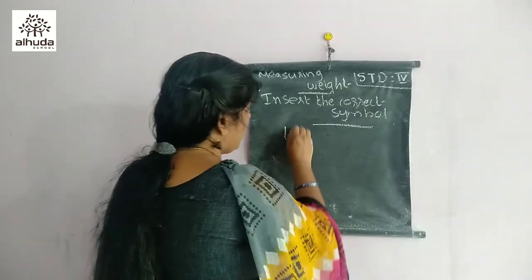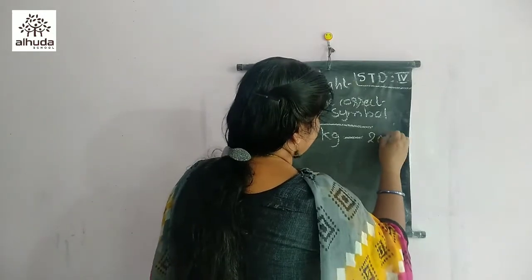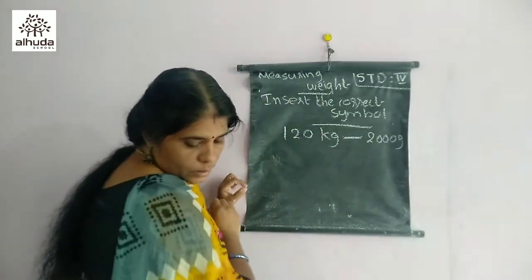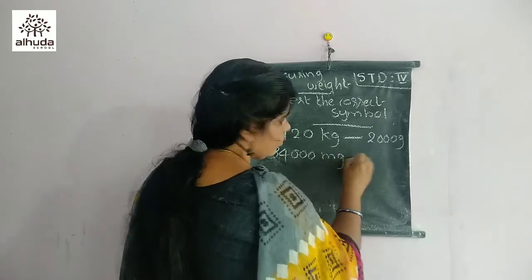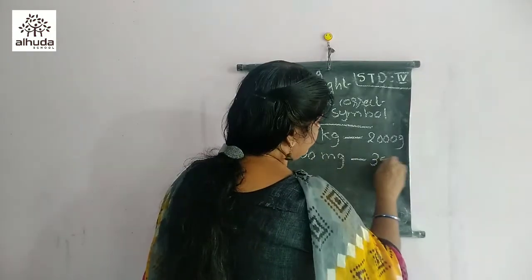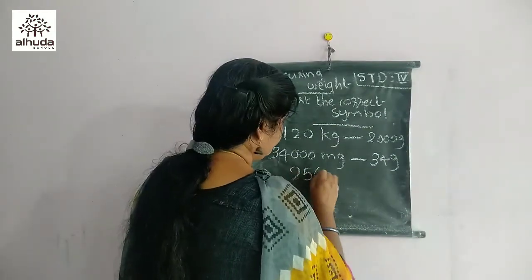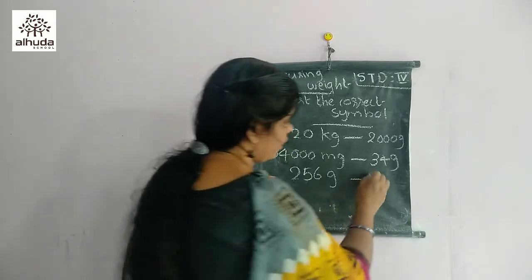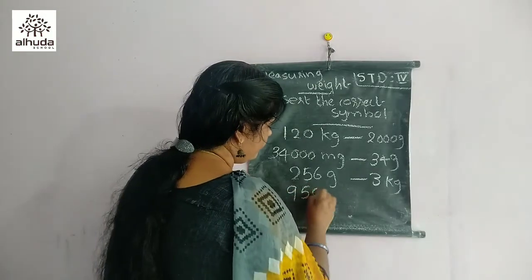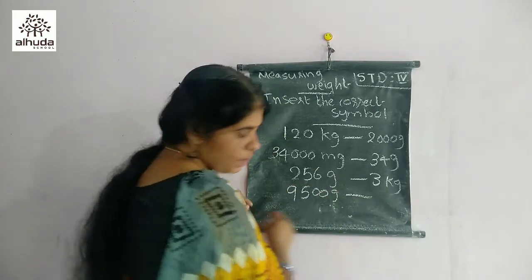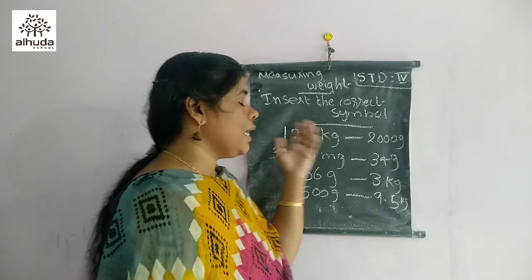So 120 kilogram, 2000 gram, 34,000 milligram, 34 gram, 256 gram, 3 kilogram, 9,500 gram, 9.5 kilogram. So we want to put less than, greater than or equal to.